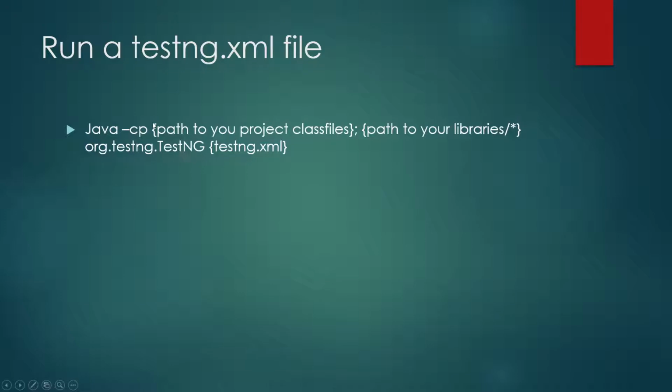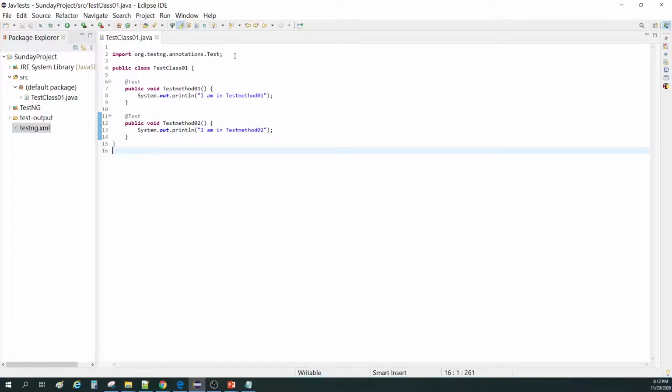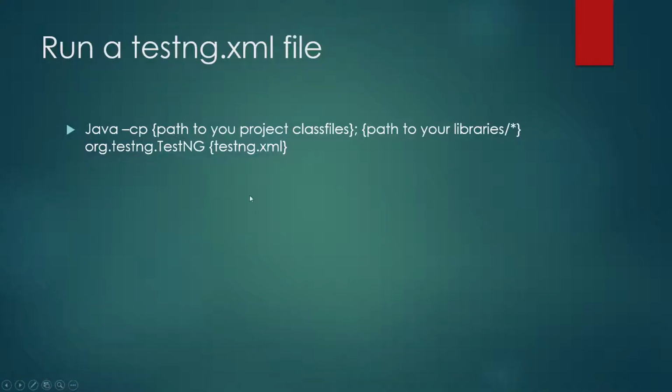And within this, we are passing the name of our XML file. Right now, within the project, we have this TestNG XML file. So we are passing this as a part of our command line argument in the command prompt to execute. So let me go back to this. If you notice this command, these are fine. We are setting up the classpath.